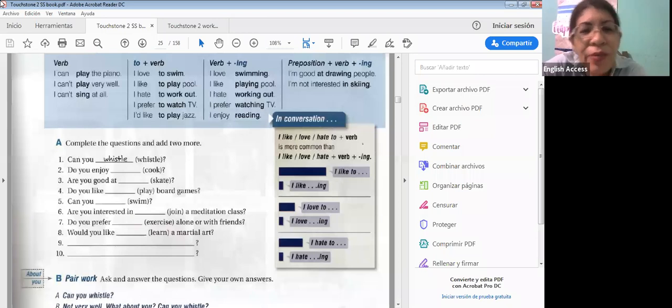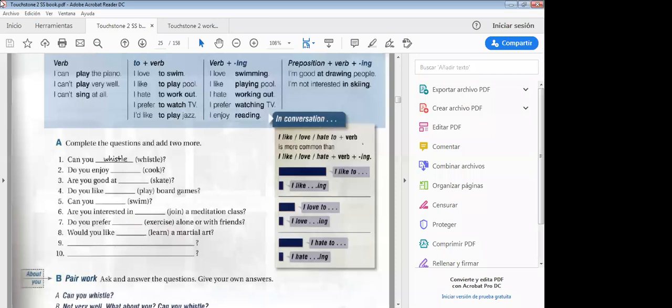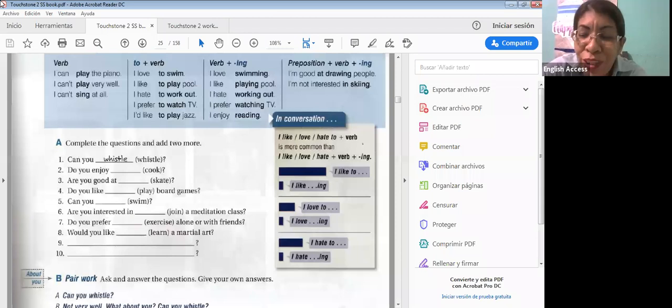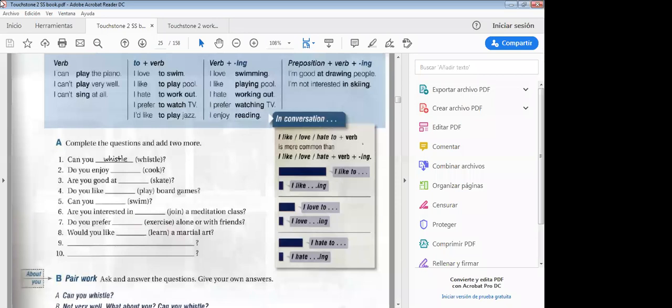Number 1 is, can you whistle? Number 2, do you enjoy, Jesus? Do you enjoy to cook? To cook? Are you sure? Do you enjoy to cook? To cooking?